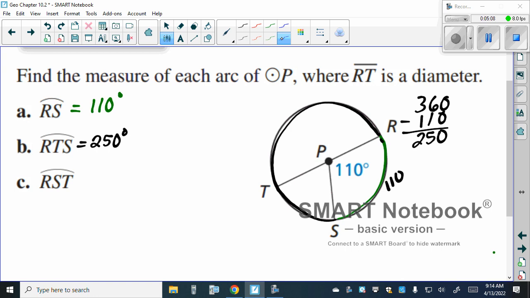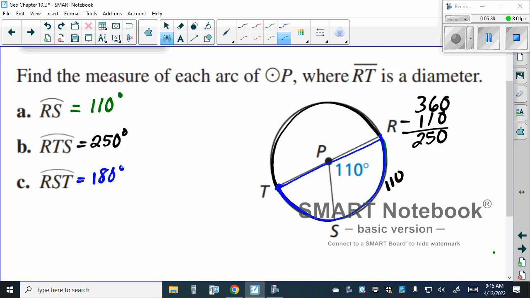Let's look at the last one: R through S to T. What would this one be? It would be 180, because the line segment RT is the diameter. The diameter is what? 180. It's half the circle, because we cut the circle in half. So RST has to be 180 degrees.